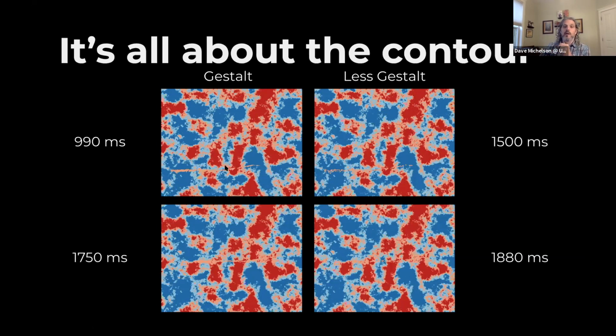In these top two maps, the target is in a slightly lower location than in the bottom two maps. And if you look at the less Gestalt, it's very difficult to see those contours on the bottom, but a lot easier on the two top maps. And it's very clear in the reaction times, which are statistically significant and different.